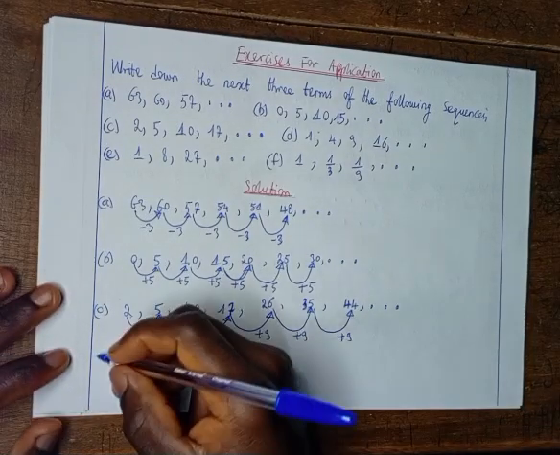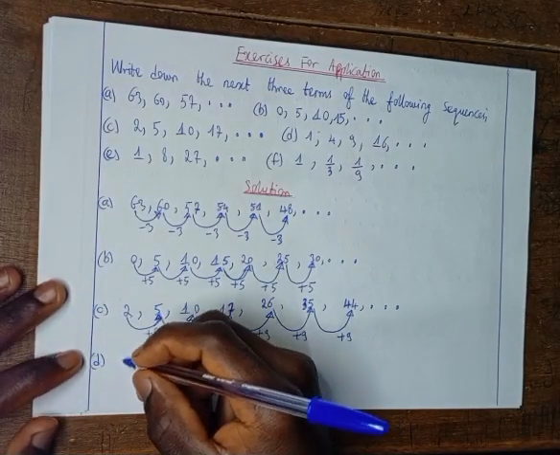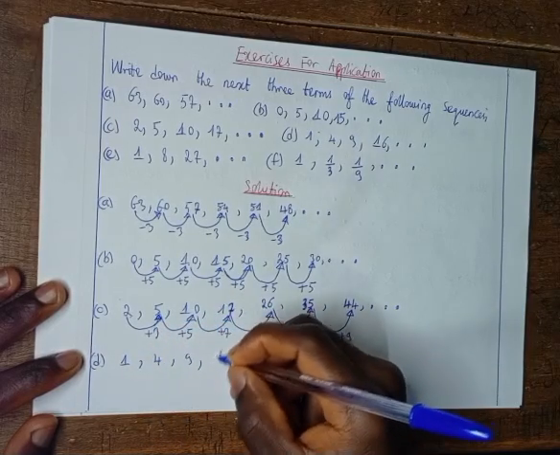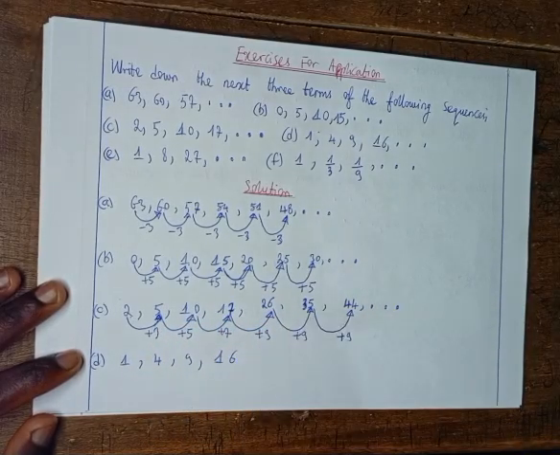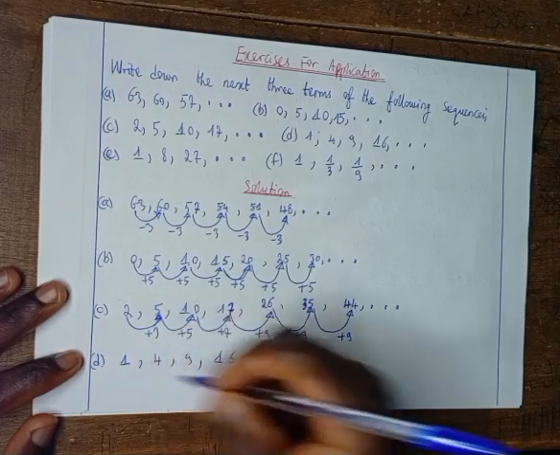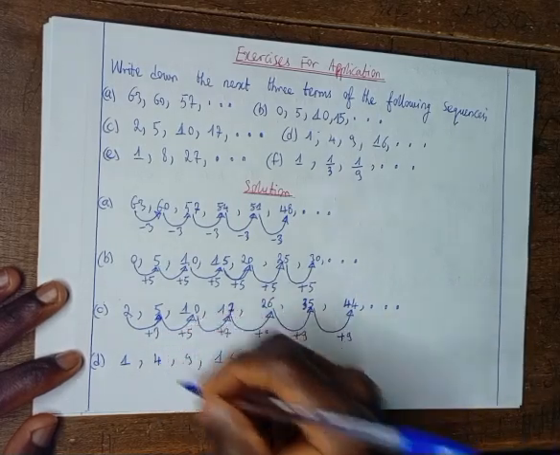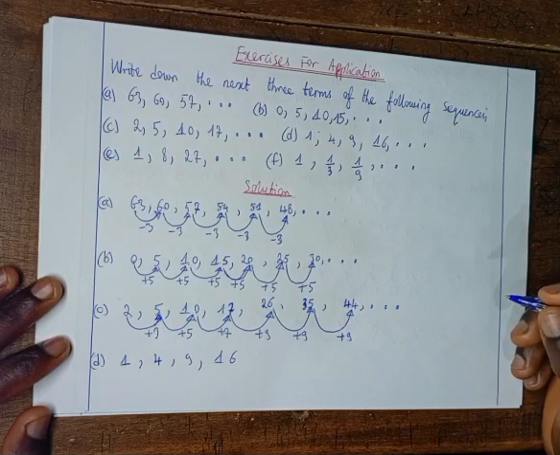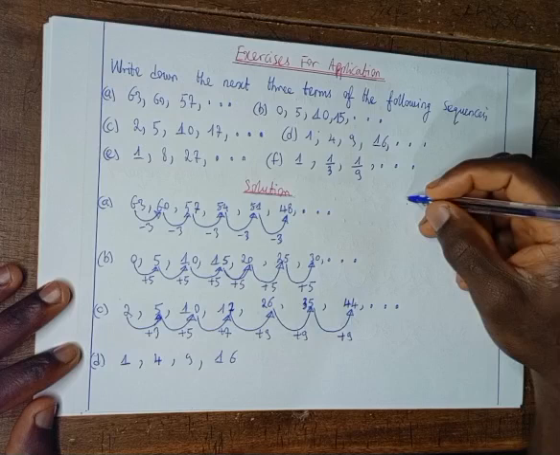We go now to question D. For D we have 1, 4, 9, 16. Here, you will see that the rule is simply the square of natural numbers excluding 0. Let's just write it down.